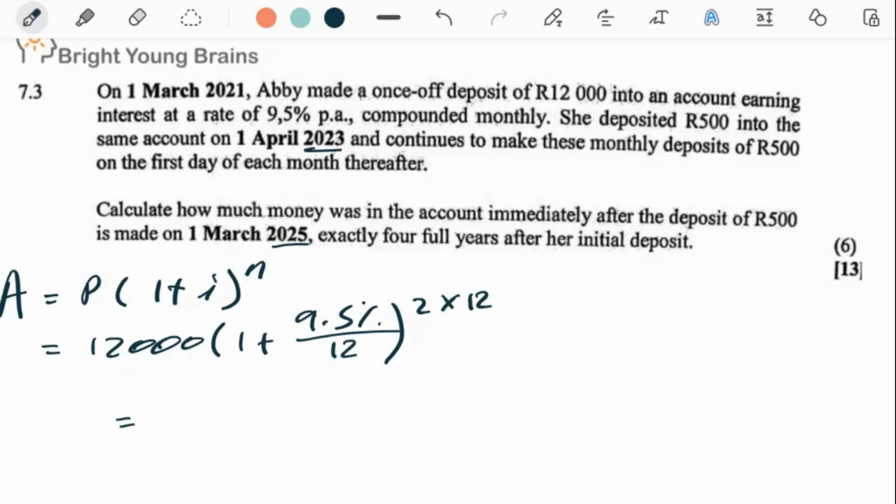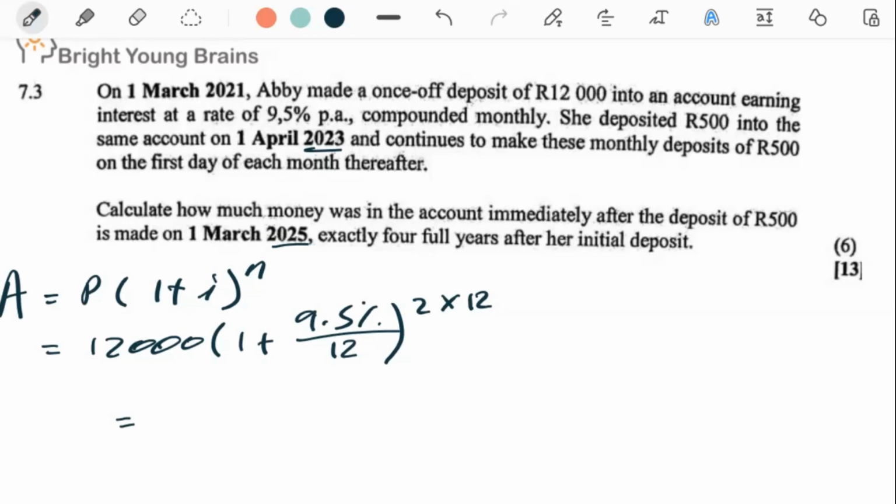So let's see how much this 12,000 accumulated to before she started making monthly installments, right? So this is 1 plus 9.5%, and then this is to the power of 24.